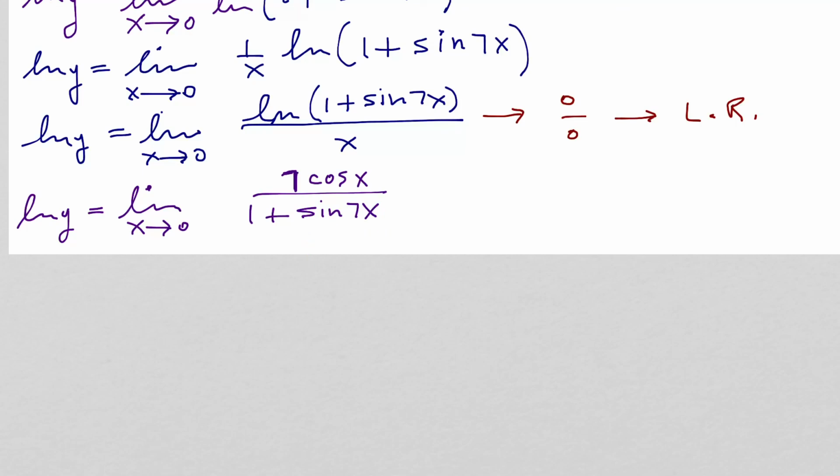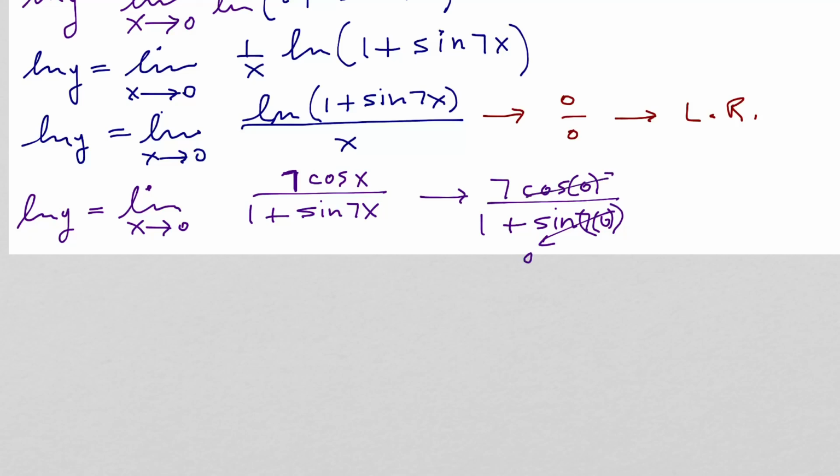All right, now let's see if we can evaluate this as x approaches 0. So that would be 7 cosine of 0 divided by 1 plus sine of 7 times 0, which is 0. So this part is 0.